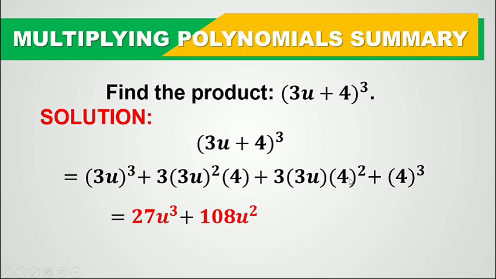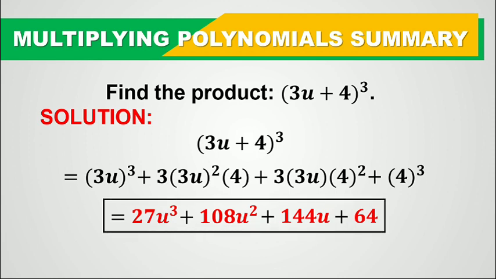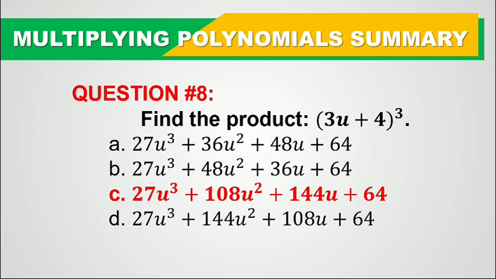So 9u times 16, that's 144u. And then plus the cube of 4, that's 64. So this is the answer for this particular question: 27u cubed plus 108u squared plus 144u plus 64. And that is letter C.